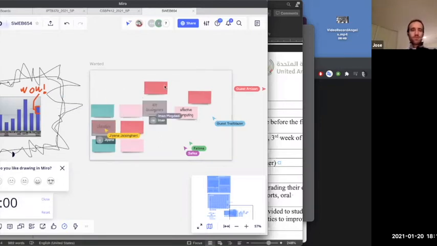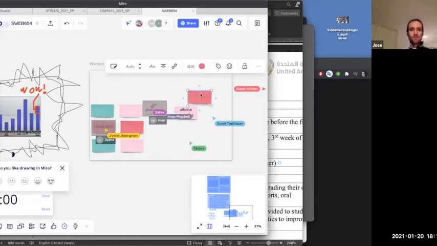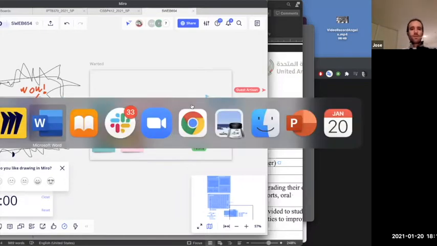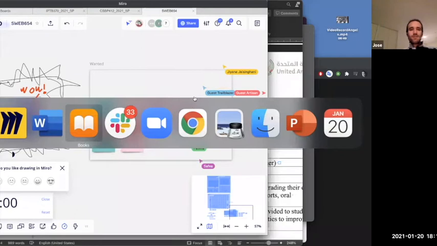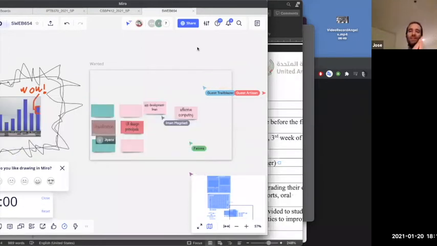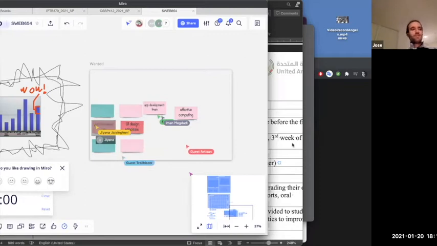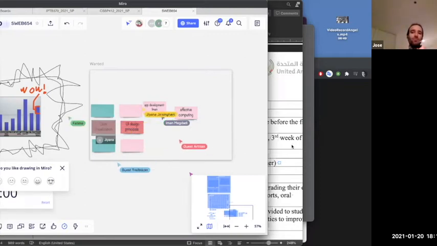We can remove the post-it so we don't need it. Somebody else? Halfan, you have Twitter. So go to Twitter and you might want to follow the queen of affective computing, a woman called Rosalind Picard. See if you can find her on Twitter. She's the queen. She invented affective computing, basically. She's amazing, and she has very good lectures on YouTube.